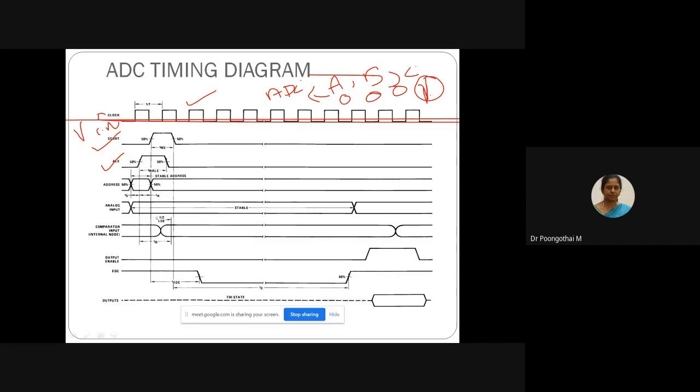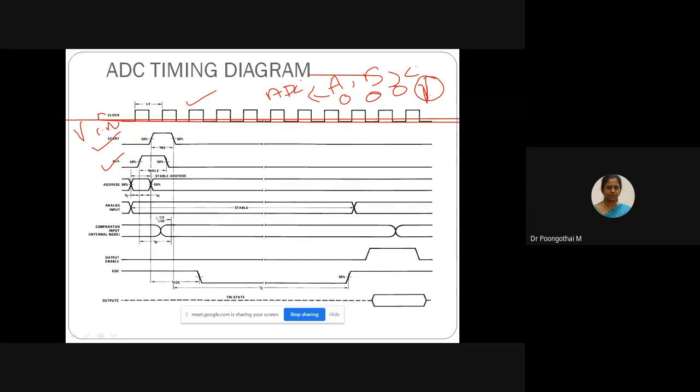So mainly the operation depends on two control signals, start signal and ALE. Once the start conversion signal is initiated, the digital counter keeps incrementing, and every time the analog output is continuously compared with VIN.